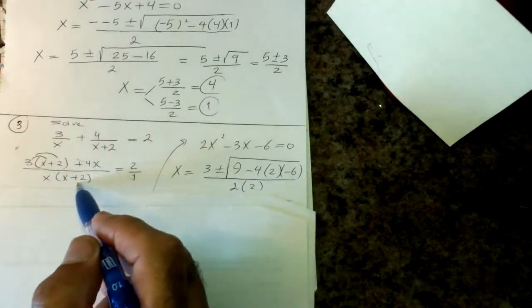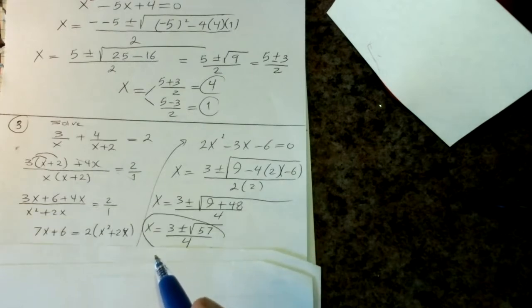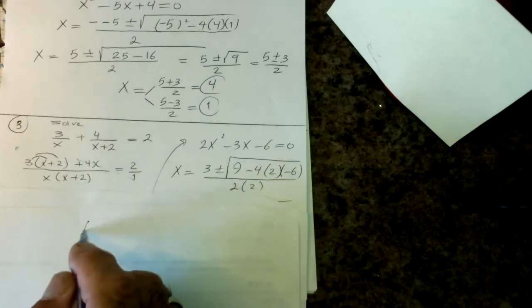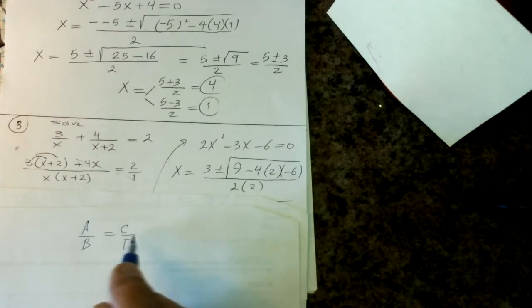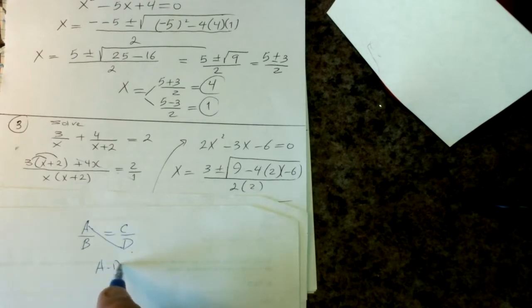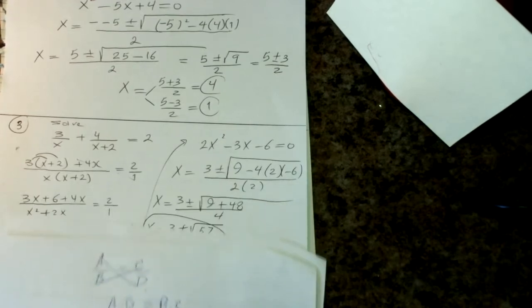Remember cross multiplication, that if you have A over B equals C over D, if you have two fractions equal to each other, cross multiplication is this. Numerator of the first one times denominator of the second one is this. Or BC is AD.